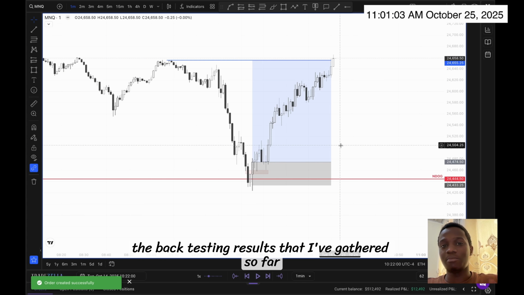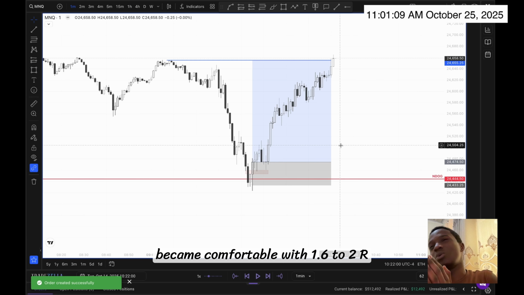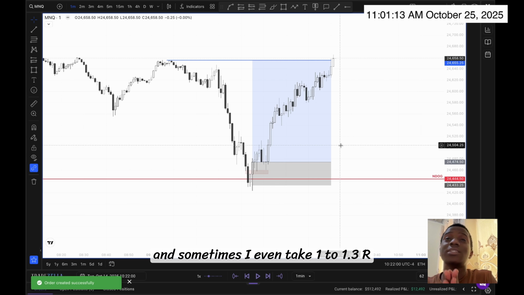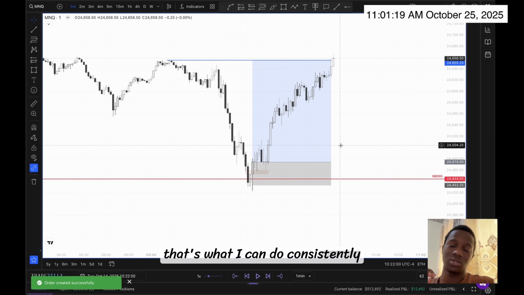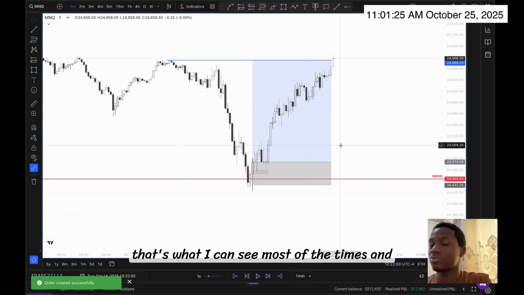So with the backtesting results that I've gathered so far, I became comfortable with 1.6 to 2 R, somewhere around there in that range. And sometimes I even take 1 to 1.3 R, because that's what I can do consistently. That's what the market can offer me consistently. That's what I can see most of the times.